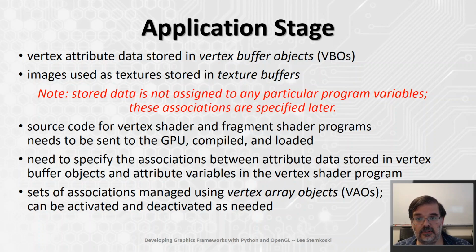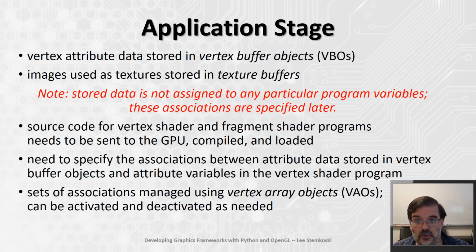Image data that's used for textures will be stored in texture buffers. And it's important to note that when this data is sent to the GPU, it's not automatically assigned to any particular program variables. Those associations will be specified later.